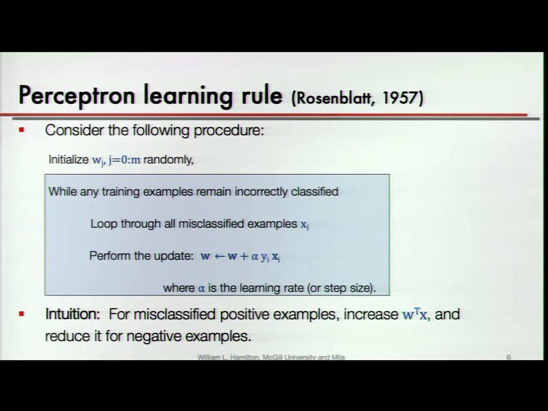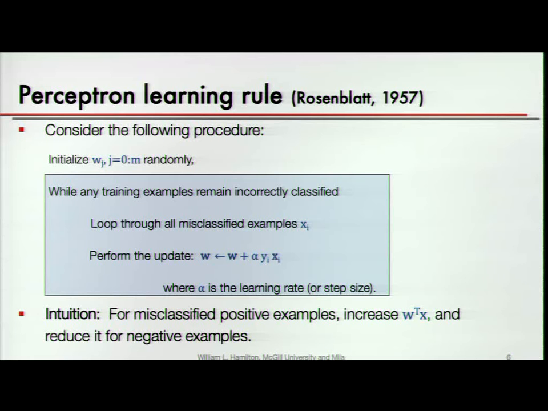And the rule here is quite simple. How we actually train this perceptron is, we're going to loop through all of our training examples. While there are still training examples that we're making mistakes on, we're going to loop through the misclassified examples, and we're going to update our weight vector.